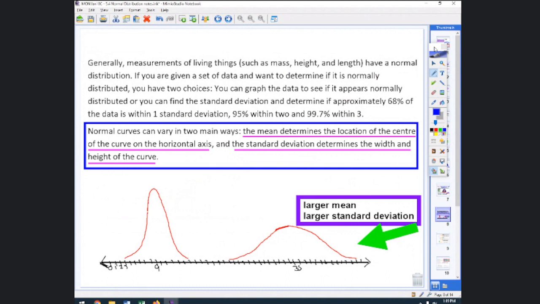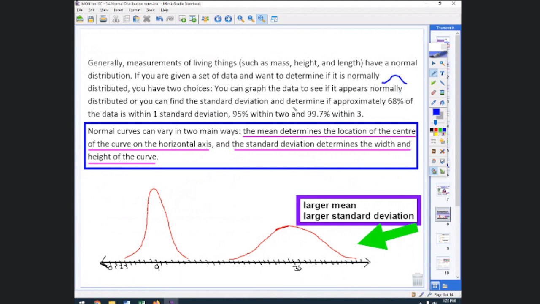You could graph the data to see if it looks normally distributed. So if it's normally distributed, it would look like a nice bell-shaped curve once you plotted it. So if you think of your histograms that you've done, if they had like a nice cascade up to a max and then fell down to the x-axis again, that would be a good way.